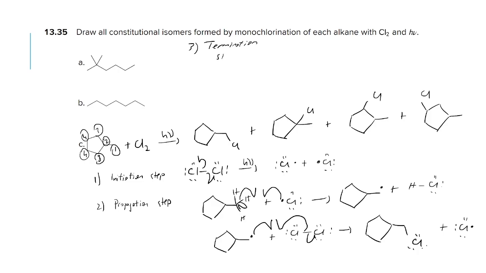In the termination step, generally two radical species can combine into a non-radical species. For example, the first one can be two chlorine radicals reacting, the unpaired electrons coming together forming a sigma bond. So this is one possible termination step that stops the reaction.